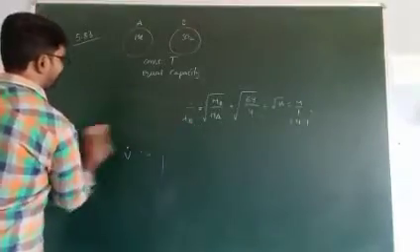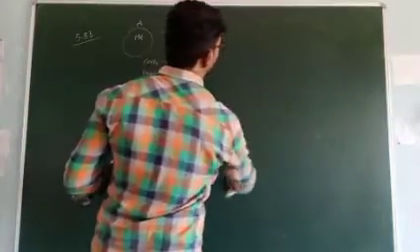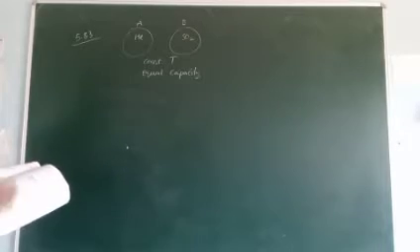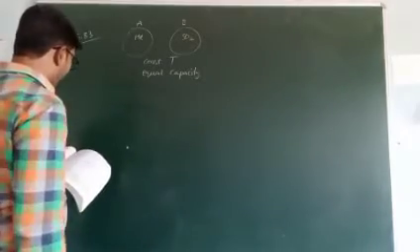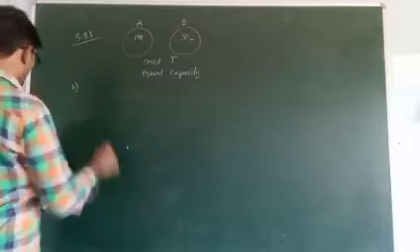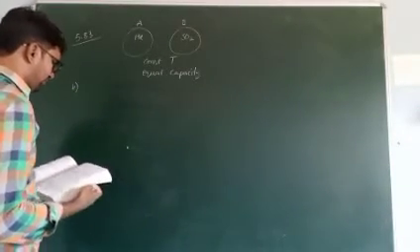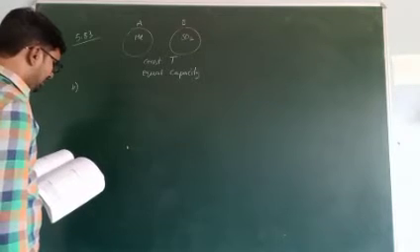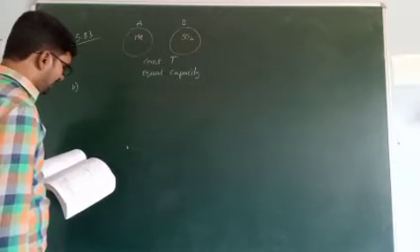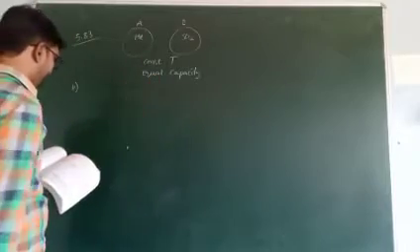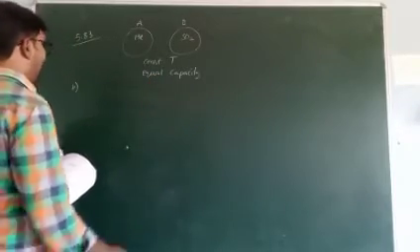Now the second one. At what temperature will the velocity of SO2 molecules become half of the velocity of the helium at 27 degrees centigrade?